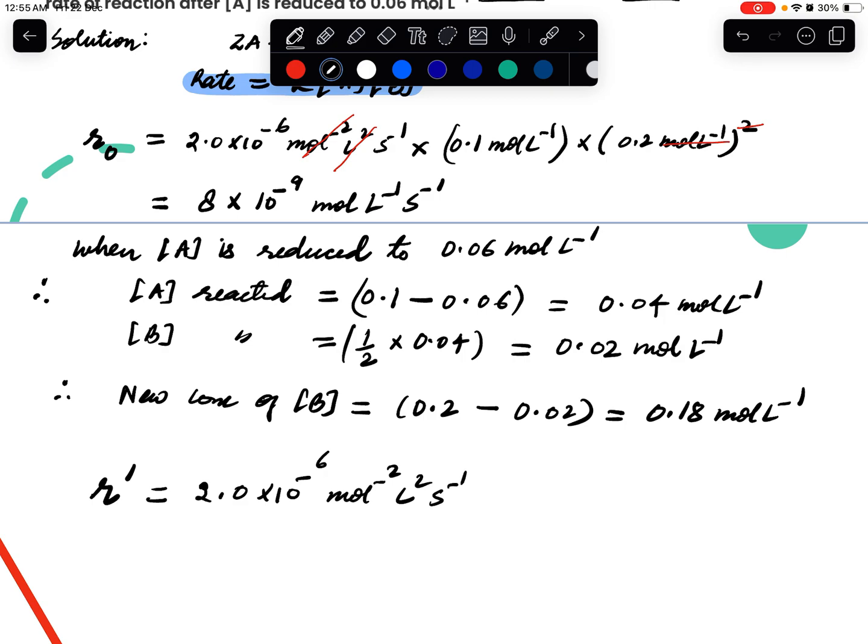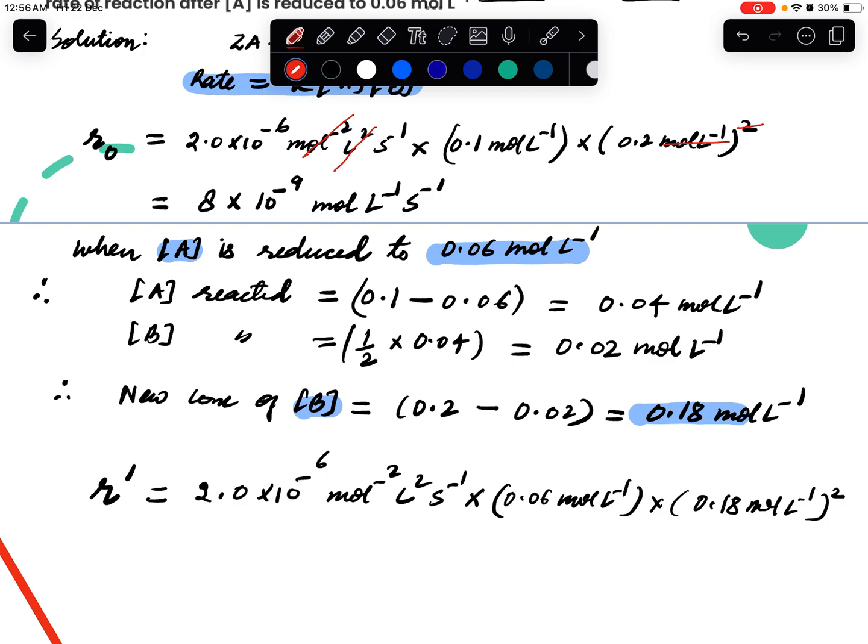Then we multiply with the concentration of the first component. How much of the first component is left? A is left, this is the amount, and for B the amount left is this one. So we put the value of the first one as 0.06 moles per liter, and for B we write 0.18 moles per liter squared.